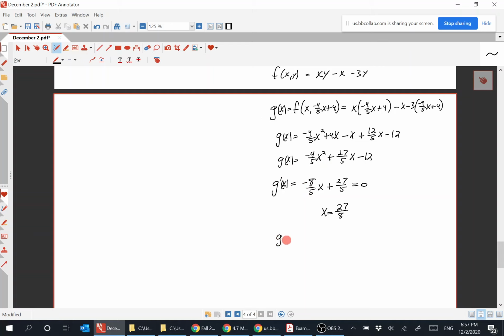All right, so that's the only critical point. So g of 27 over 8. Now this could be a maximum point, because this is a parabola that's pointed down, so that's going to be a max point rather than a min point.